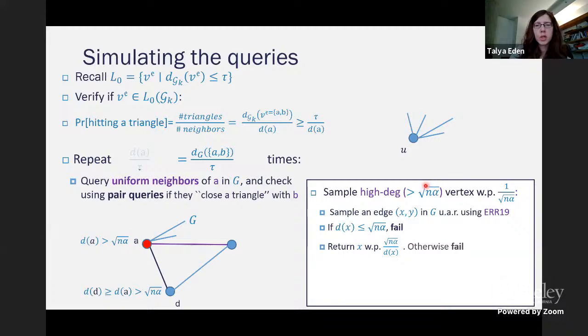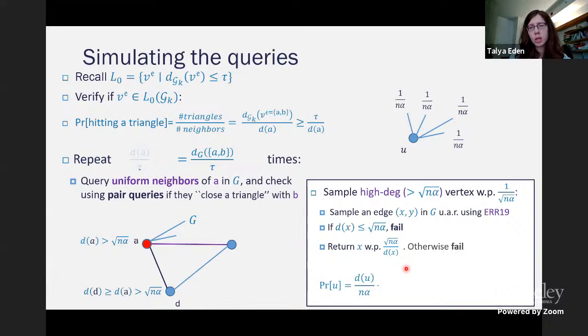So for some fixed high degree vertex u, what's the probability that I'm going to return it? It's the probability that I hit any one of its edges in the first step, where each one is sampled with probability 1 over n tau, which is roughly 1 over n alpha. So it's du over n alpha.